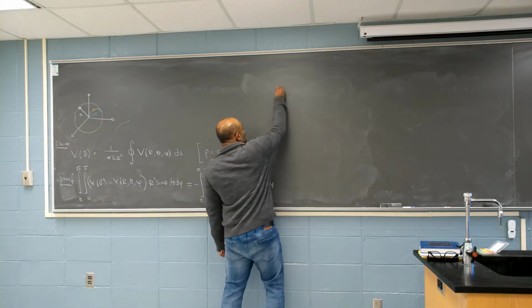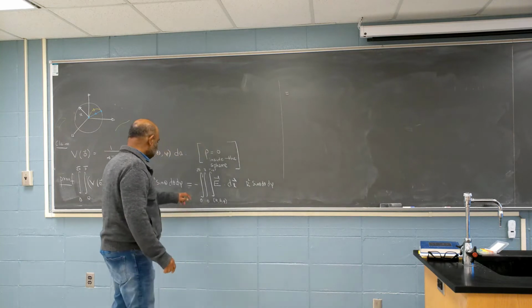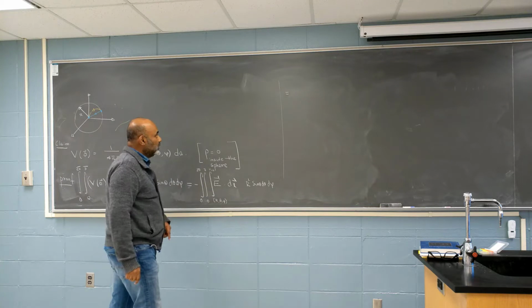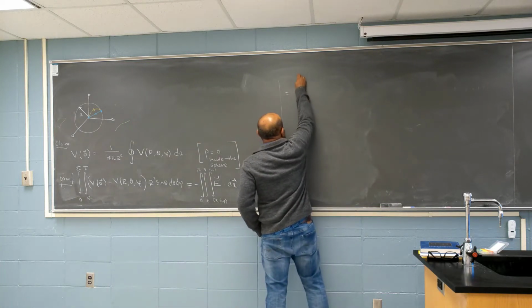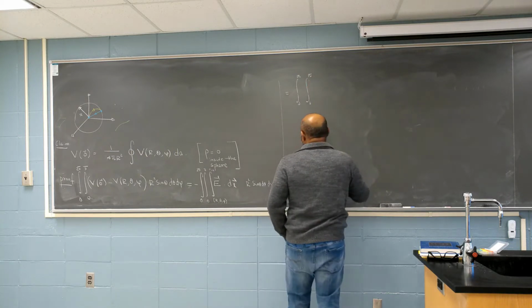Okay. First of all, I can take this minus and change this one, so it becomes 0 to 2 pi, 0 to pi.